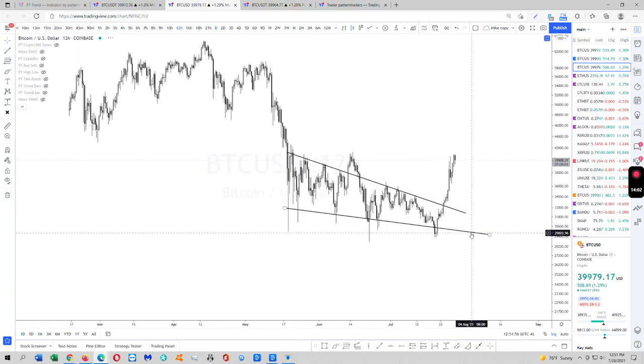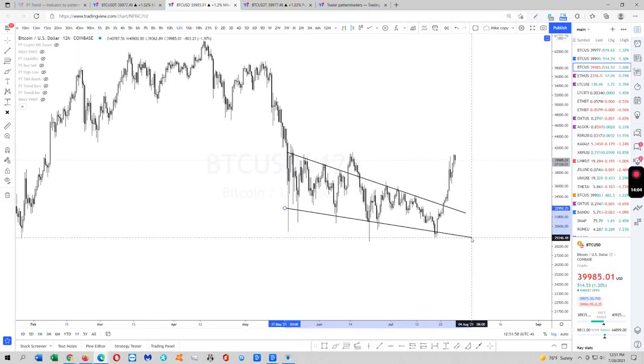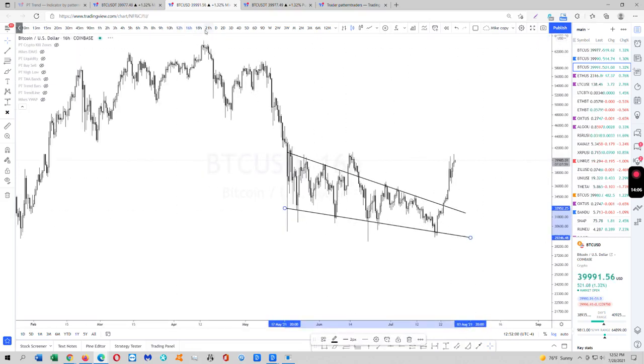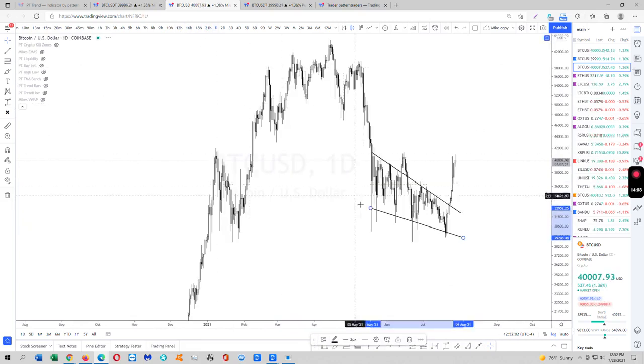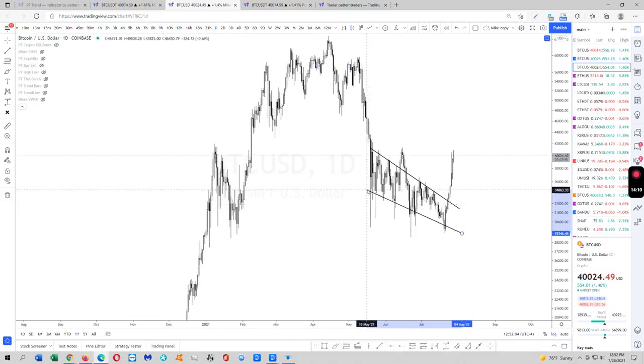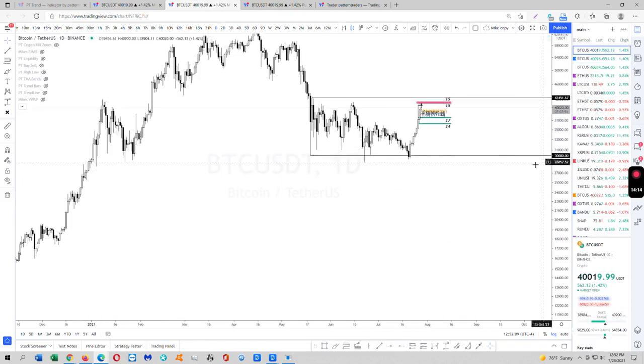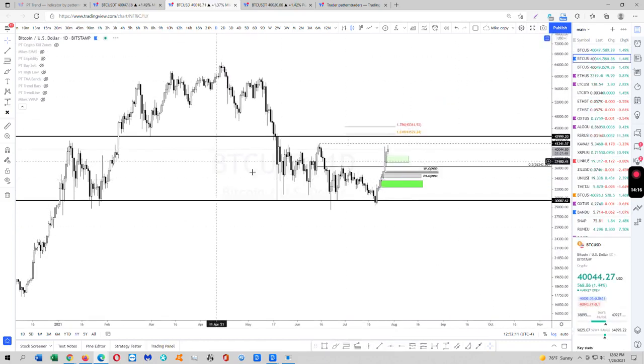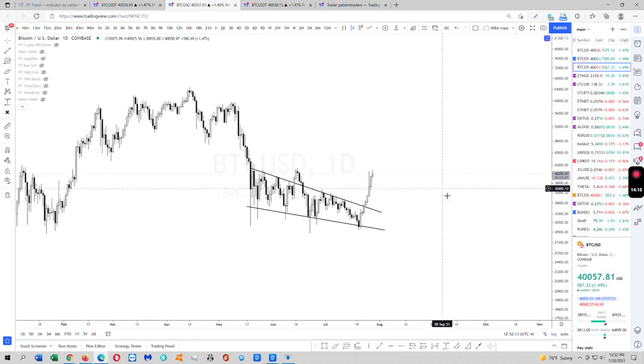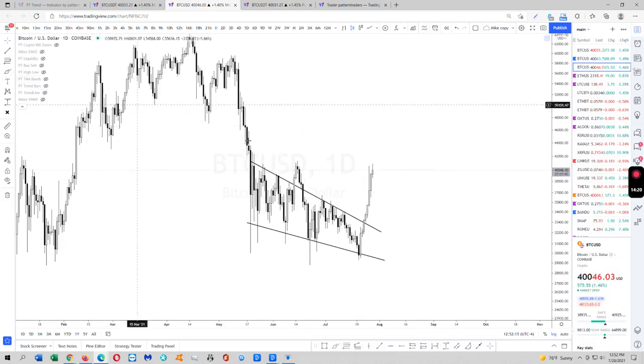It was one of these time frames. Maybe it was Binance that had it. The whole idea was that it did double fake outs. It did a fake out to the top side, and then it came and did a fake out to the bottom side.